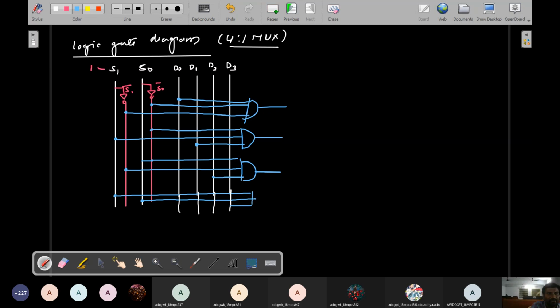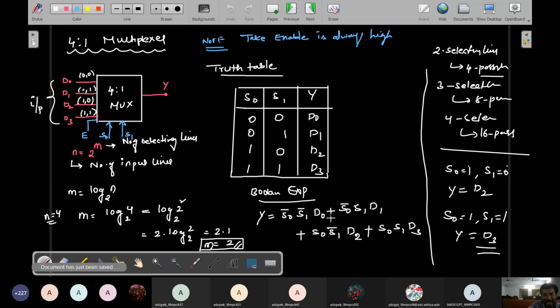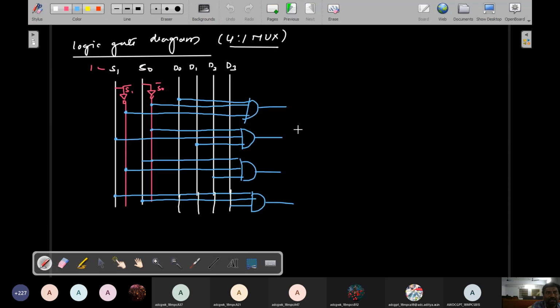So this is one AND gate. Now all of these are added, so OR gate. So these are all connected by OR gate. So this is your Y. Okay. So this is the logic diagram of 4:1 multiplexer.